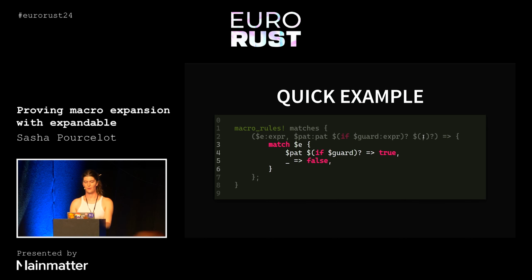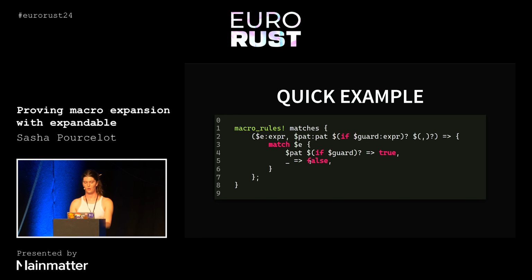Then comes the macro transcriber. The transcriber explains what the macro should expand to. So here we are matching over the input expression, to see if the pattern that was provided matches, and optionally if the evaluation of the guard returns true. And if that's the case, then the whole expression evaluates to true, otherwise it evaluates to false.